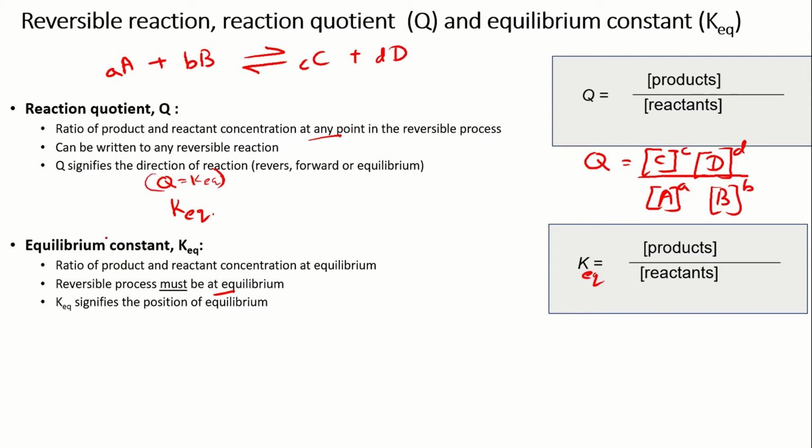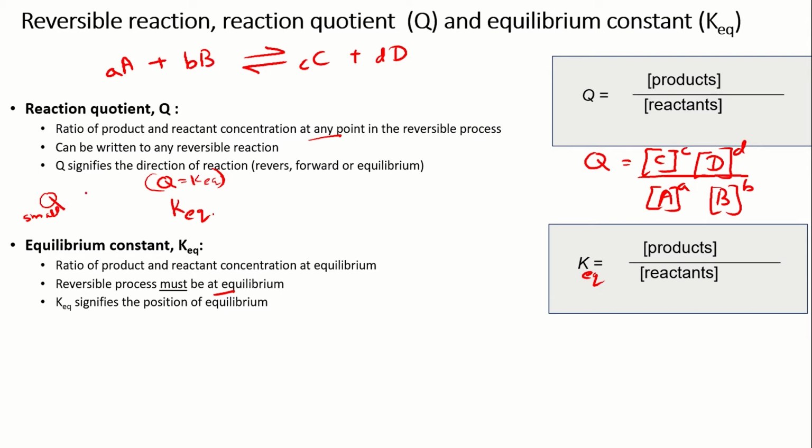And there can be two other possibilities. One possibility is that you have a small q. What does it mean to have a small q?